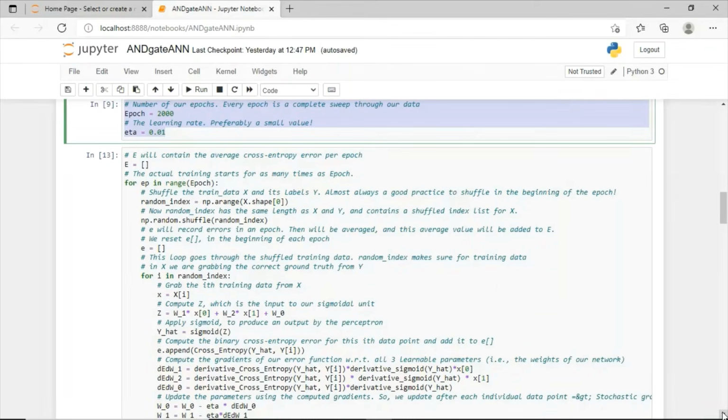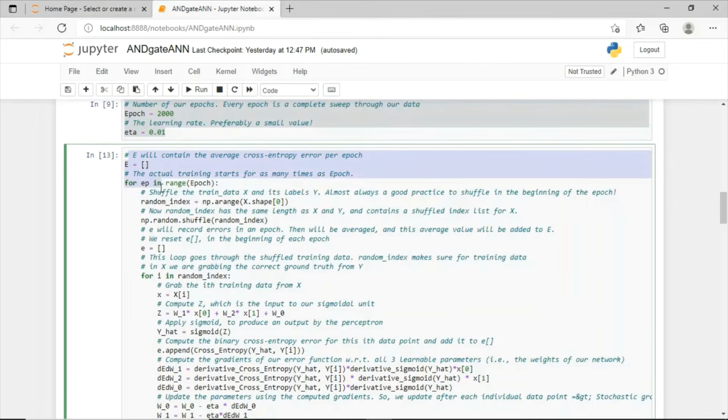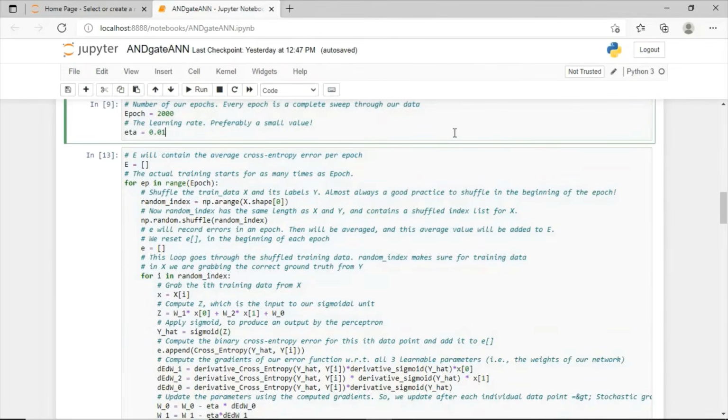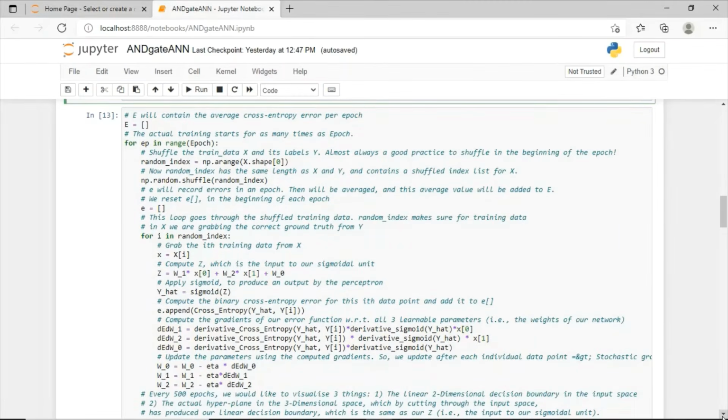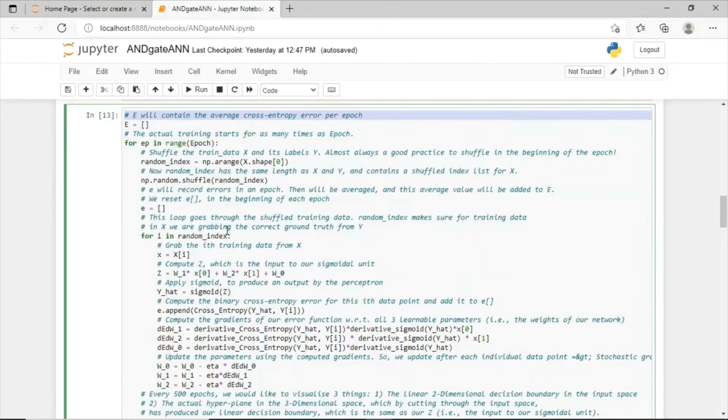And then finally, this entire code represents the training mechanism that I have already explained, how to train a neural network for classification. Each step I have defined over here as documentation.